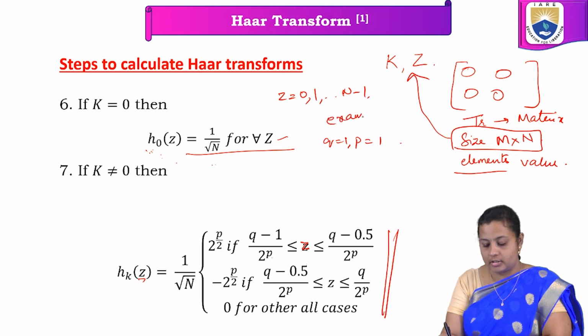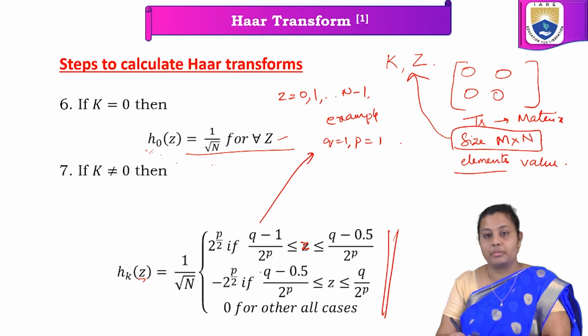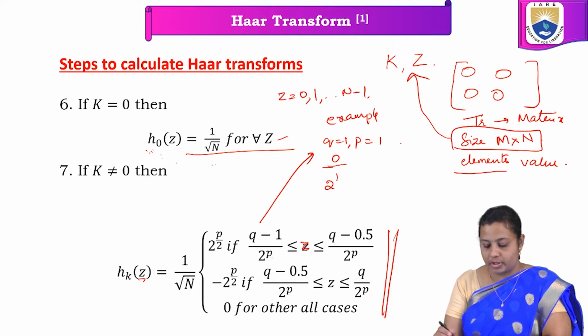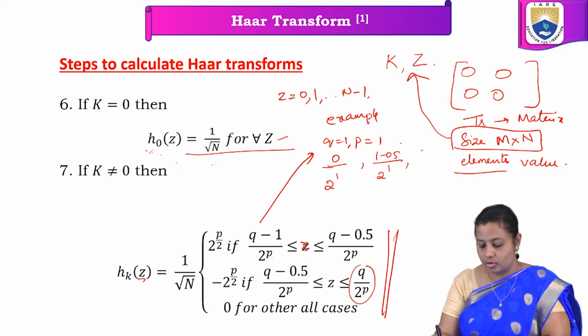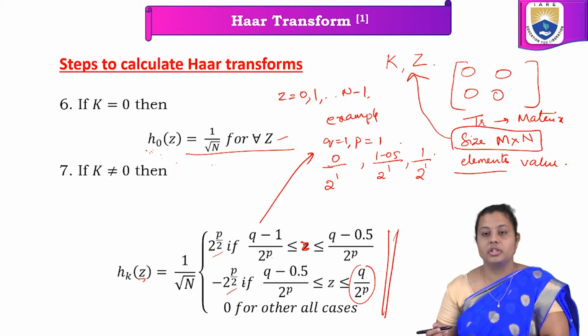If we consider this example, the equations will go for Q minus 1 by 2 power P. So that will change to 0 by 2 power 1, right? And the next will change to 1 minus 0.5 by 2 power 1, right? This value will change to 1 by 2 power 1, right? So we check which range the value Z is falling in and we calculate the coefficient from these values.